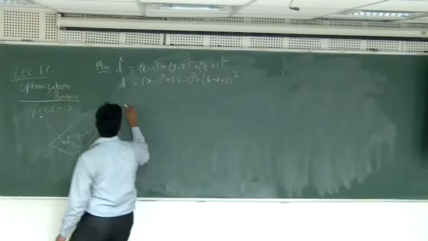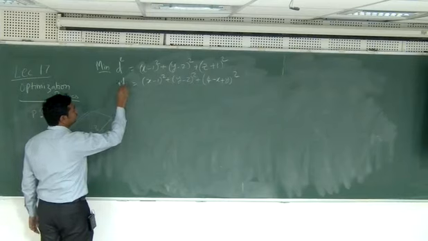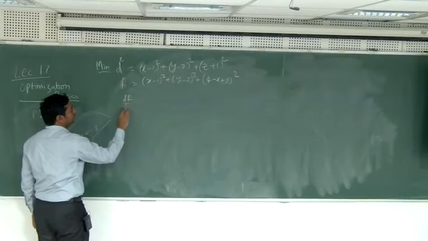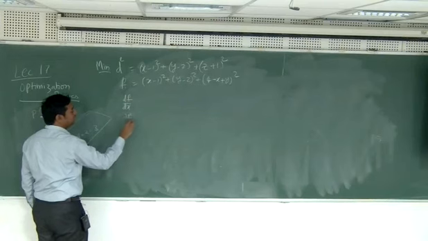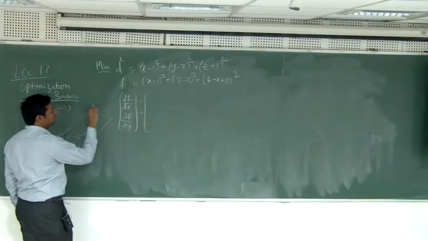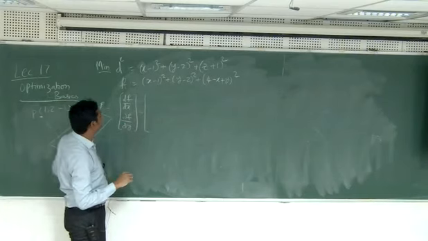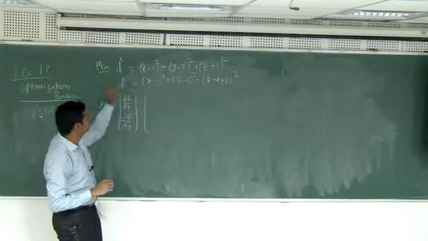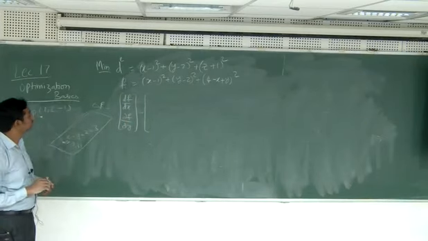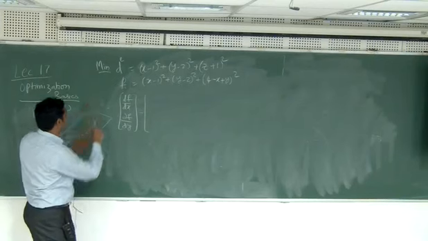Let's call this f. So df by dx, and then df by dy. This is actually the gradient of f. So take the first one. Yeah, correct.